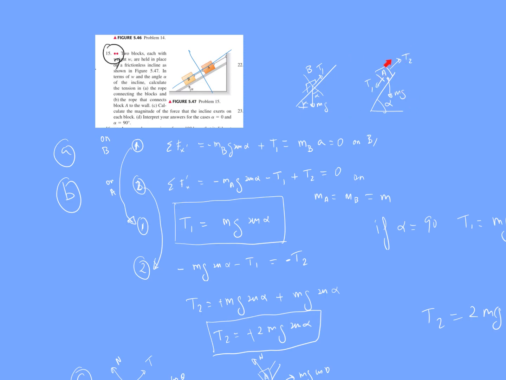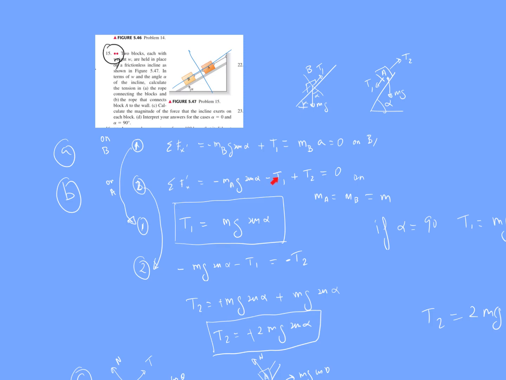In the x direction, the equation says T2 positive, minus T1 negative, minus the mass times g sine of alpha, because the projection of mg through the x prime axis will be mg sine of alpha.